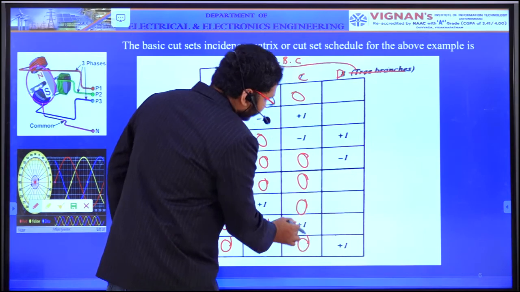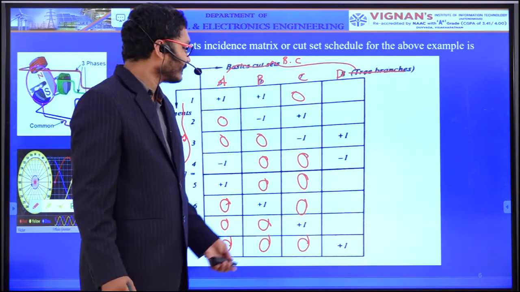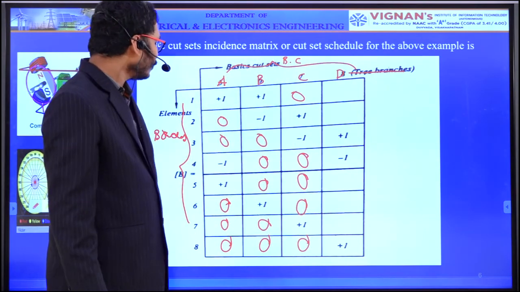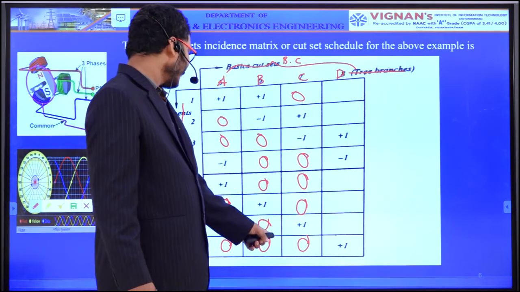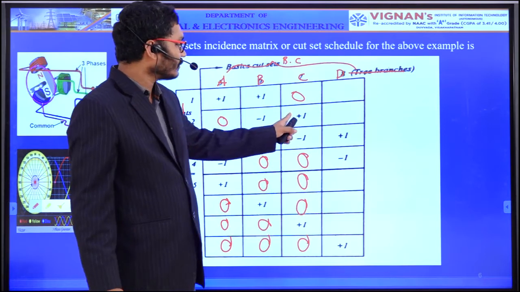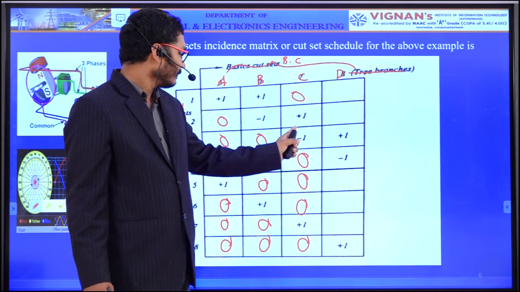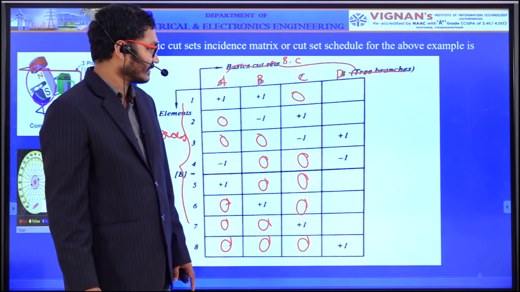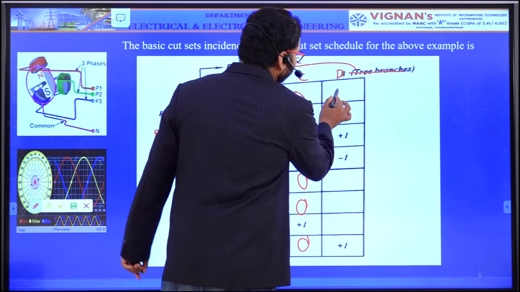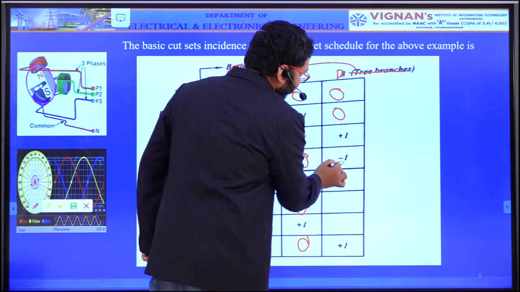In the C cut set, if you see the previous one, 2 3 7 are the coincident branches. 2 and 7 are both the same as the cut set direction, but branch 3 is opposite to the cut set direction. Similarly for the D one also, if it is not coincident, make it 0.